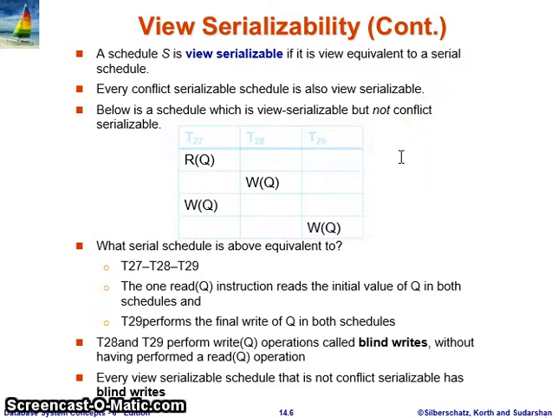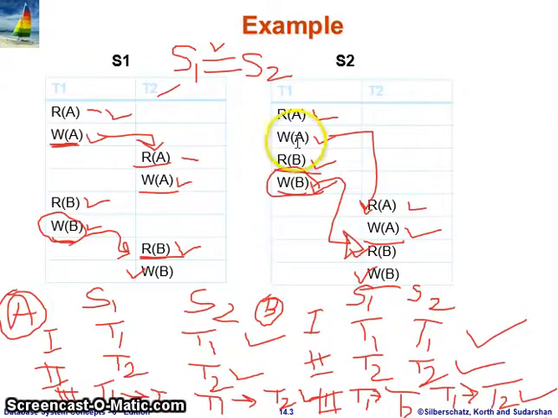So go back to our first example, S1 and S2. Is S1 view serializable or not? We have to check first. It must be view equivalent to another schedule. Here it's view equivalent to S2, and if S2 is a serial schedule, then we can say S1 is view serializable.